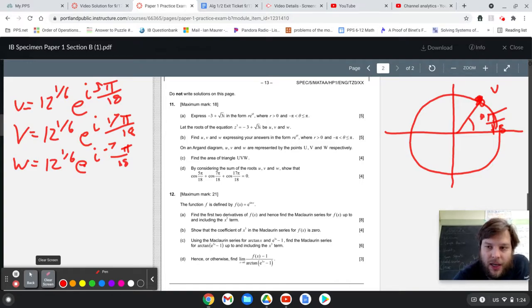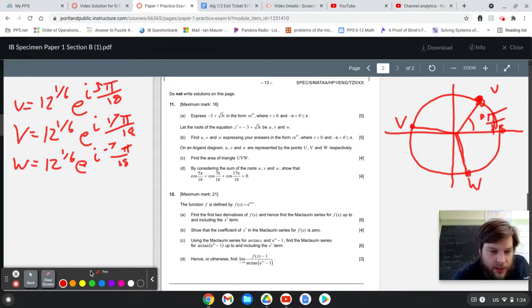Then 17 pi over 18 is almost a half circle like that, so that would be V. And then negative 7 pi over 18 is down here, something like that. So this will be W.